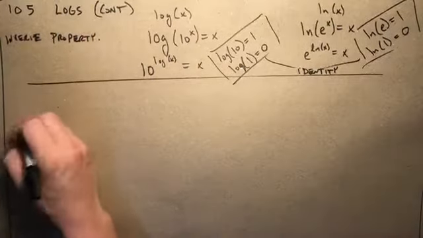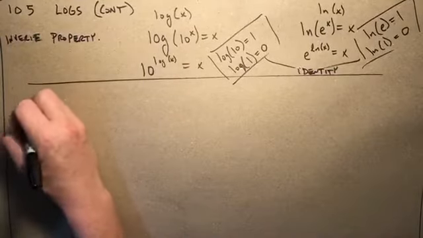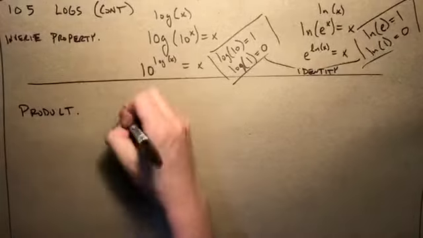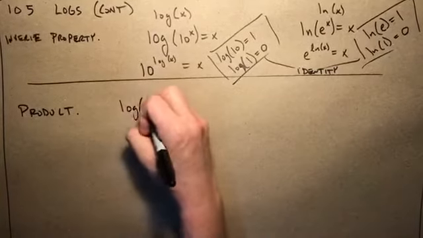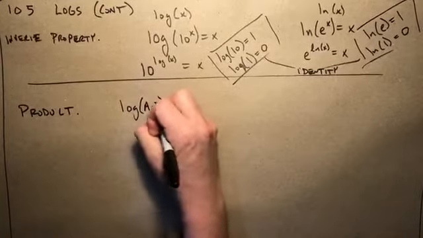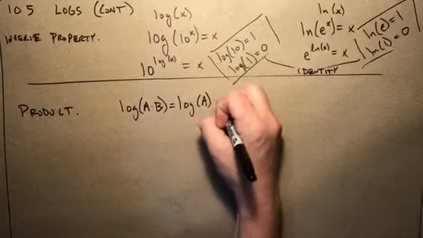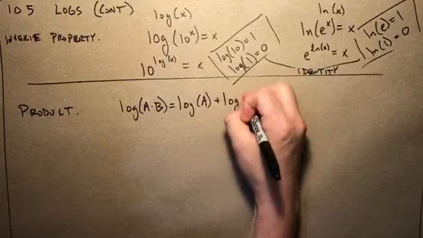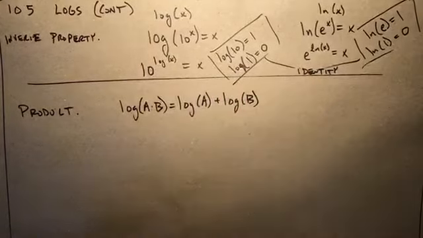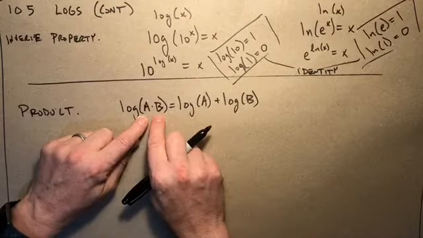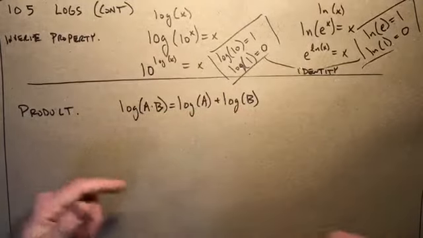And so I can say that we have a product rule, that the log of a times b is equal to the log of a plus the log of b. That the log of a product is equal to the sum of the logs.